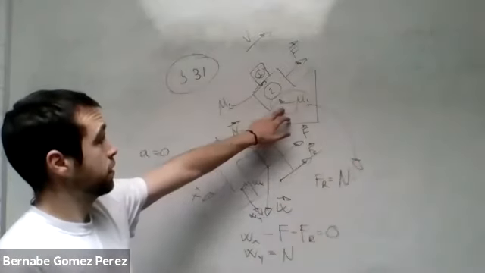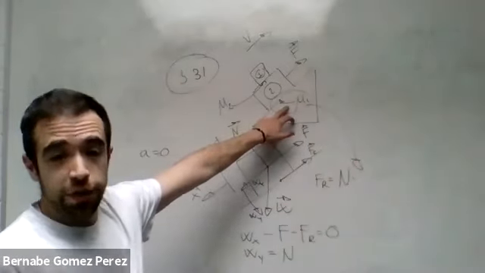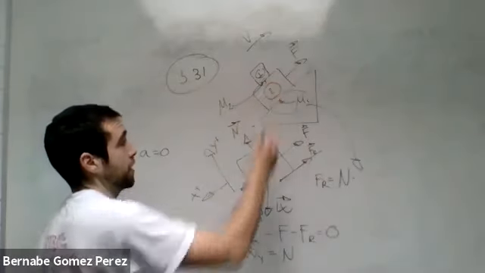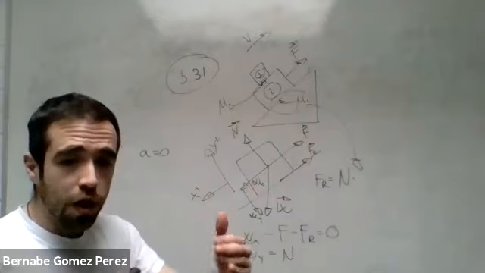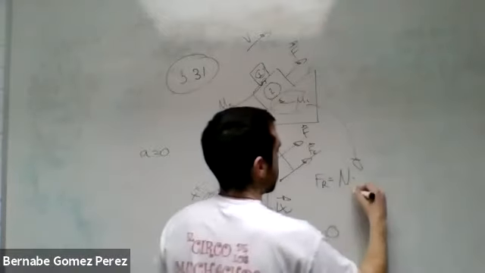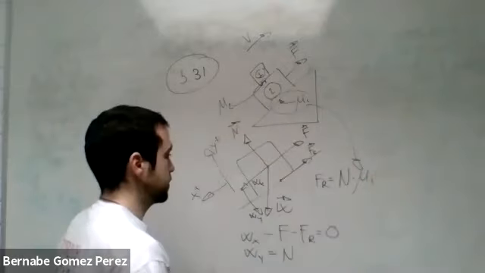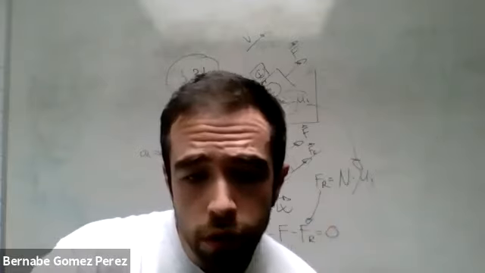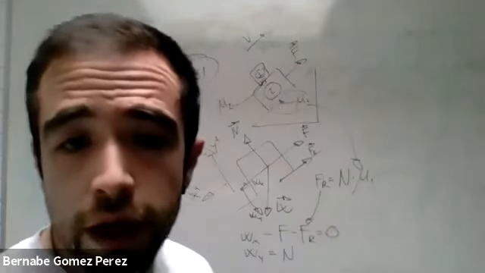The system is experiencing this friction. This is what box 2 and box 1 experience, but the whole system is not experiencing that. So what do we have?